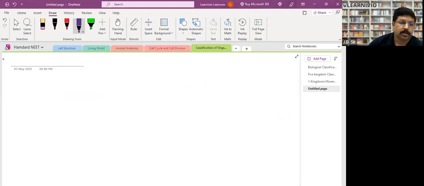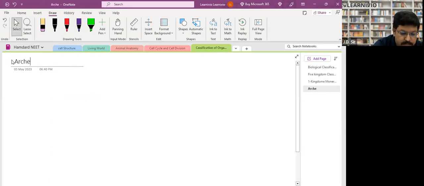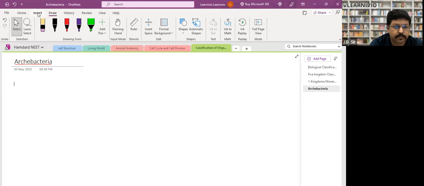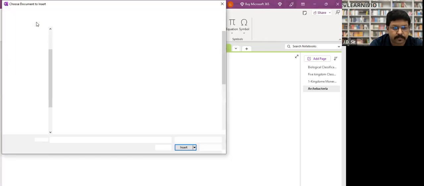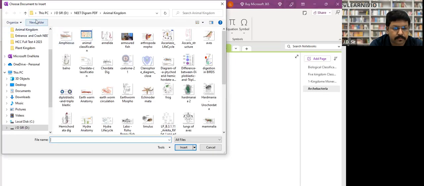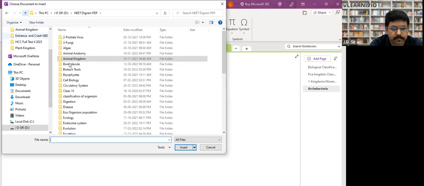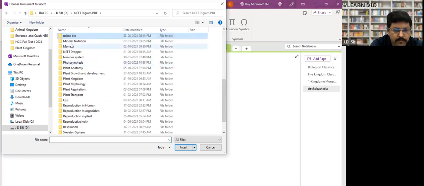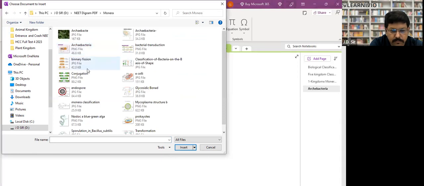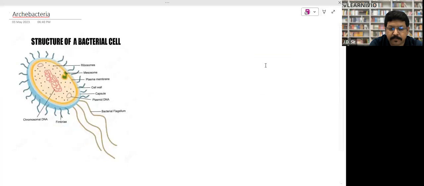So, archaebacteria. Basically, this is the diagram of archaebacteria, right?